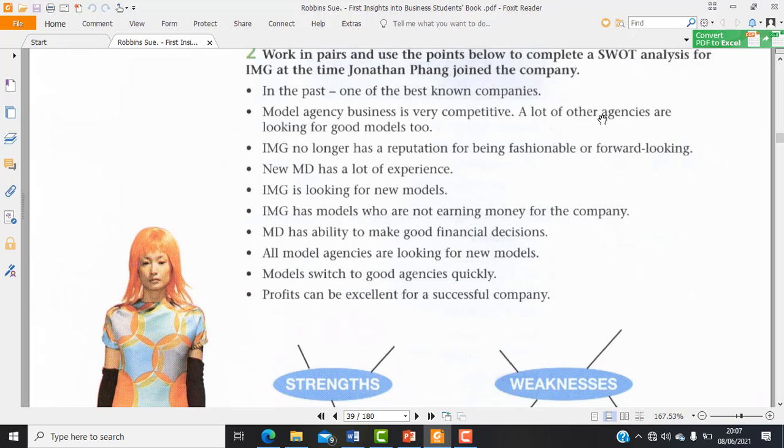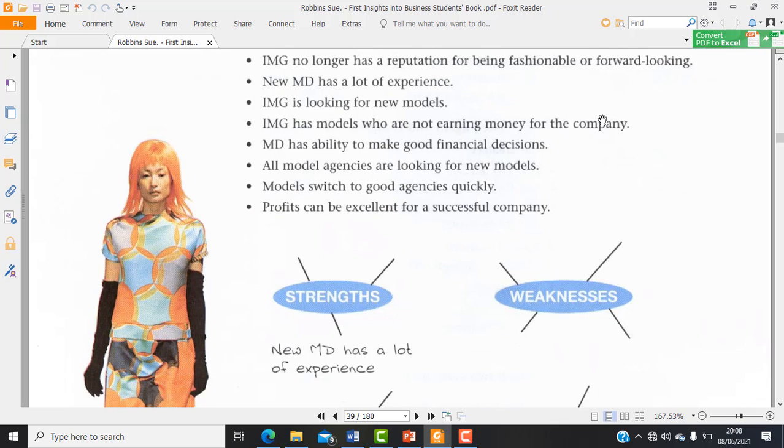And managing director has ability to make good financial decision. Direktur manajer yang baru itu mampu mengelola finansial dengan bagus. Itu maksudnya ke strength juga. All model agencies are looking for new models. Agensi model yang lainnya sedang mencari model yang baru. Itu maksudnya ke threat juga, karena antar agensi itu saling berebut tuh guys, saling berebut model-model yang bagus.